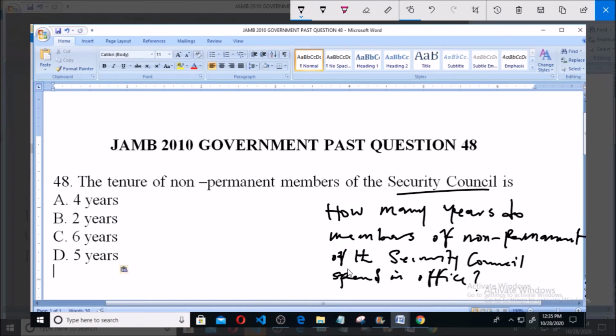So that is what the question is saying. Option A say 4 years, B say 2 years, C say 6 years, D say 5 years.